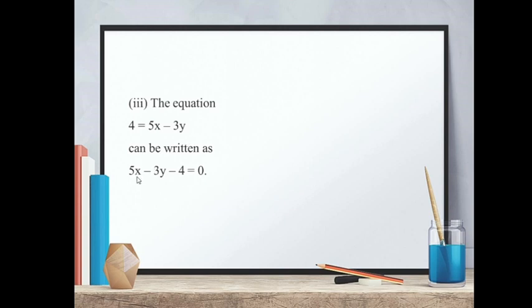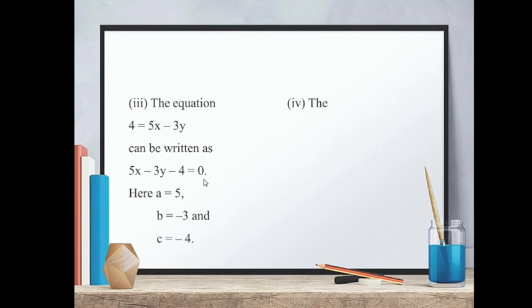So it will become 5x minus 3y minus 4, that is plus 4 will become minus 4, and that equals 0. Therefore here a equals 5, b equals minus 3 and c equals minus 4.